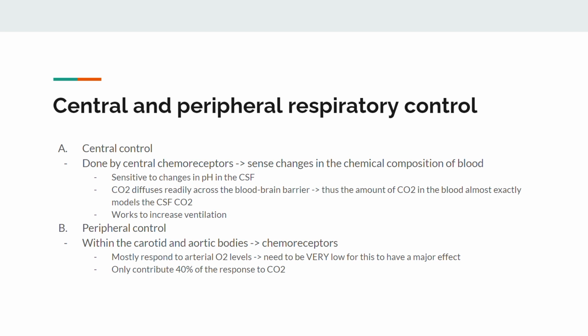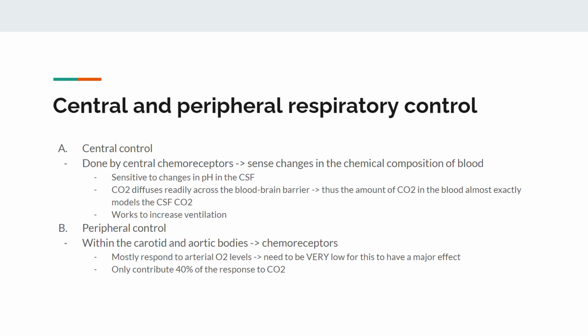And as we know, CO2 through a chemical process eventually yields more hydrogen ions. This is going to decrease the pH, and if the pH is decreased, this is sensed by the central chemoreceptors, and they work to increase ventilation through activation of the respiratory muscles. So that's the central control. The most important thing here is CO2. It's only sensitive to CO2.